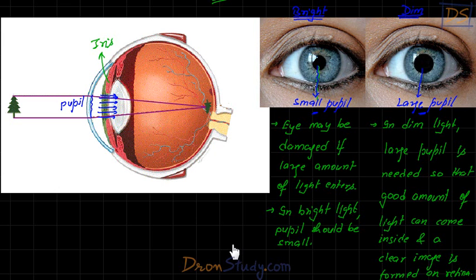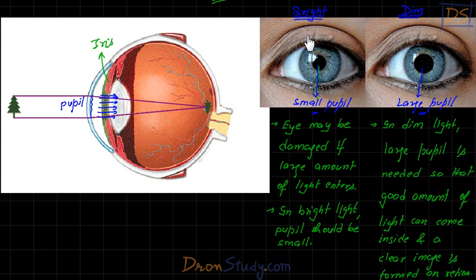You understand? Now, students, what it means is that if you are sitting in a bright room, your eyes are like this. When you are sitting in a dim room, your eyes are like this, right? So it means that your eye is automatically changing when you are shifting from a bright to dim or dim to bright room.